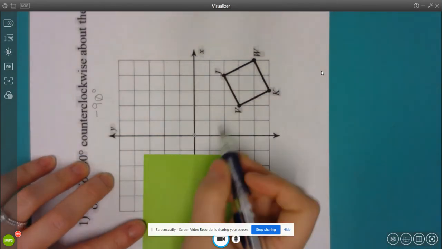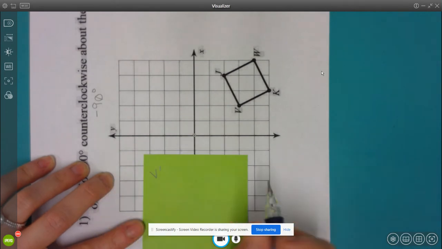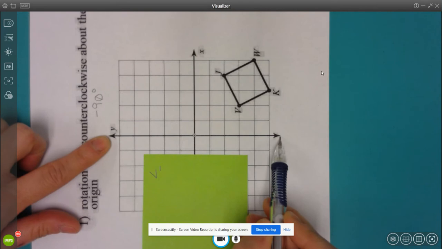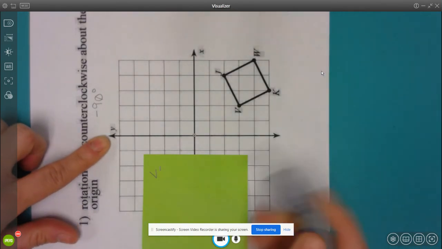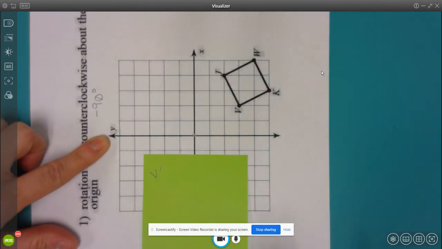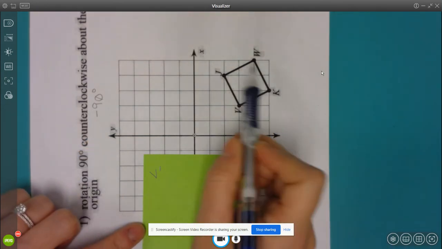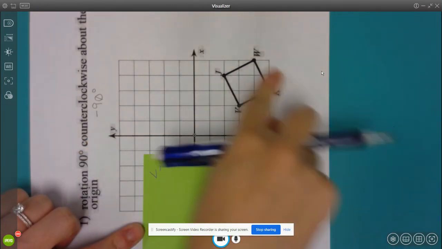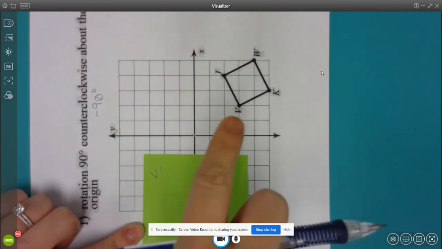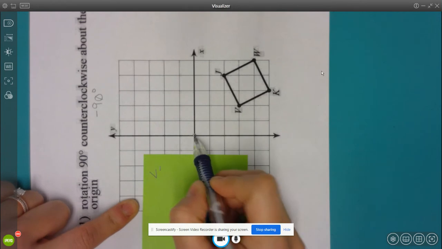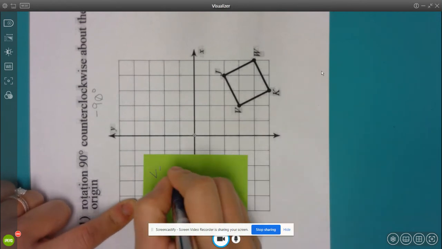Here, if I look at what V prime would now be, this is the y-axis and this is the x-axis when I turn it back the original way. We're going to pretend that this is quadrant 1, this is what my image should look like. So V prime is going to land at positive 3, positive 2.